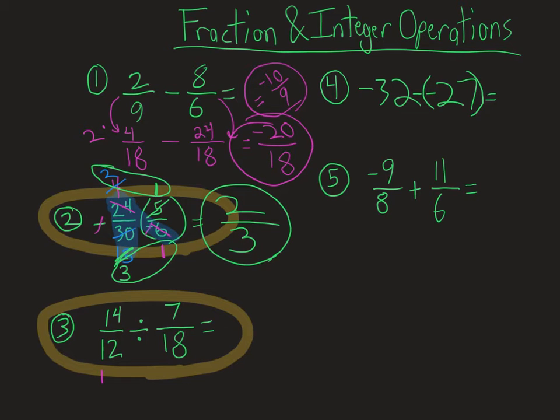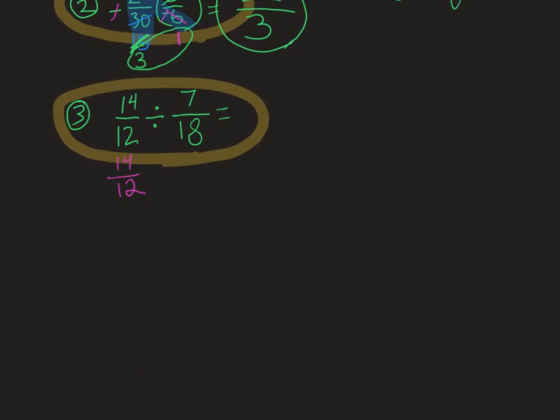We want to rewrite division as multiplication, and remember, you don't do anything with the front problem. It always stays the same. We rewrite the second problem. We flip it, and when we flip that fraction and at the same time switch the operation to multiply, those are going to cancel each other out, and we now have a multiplication problem, and we can go to work.